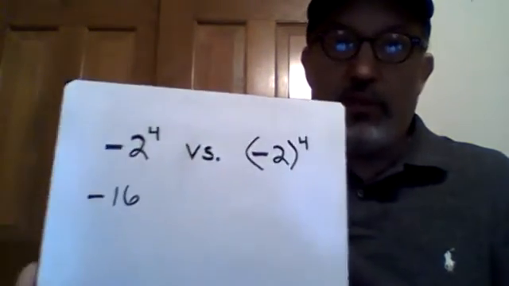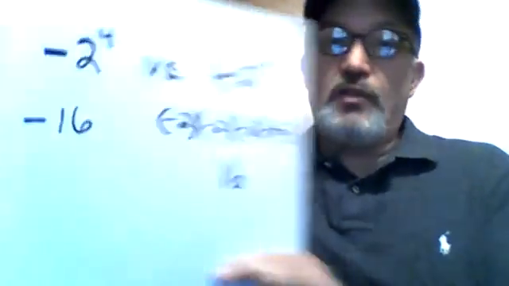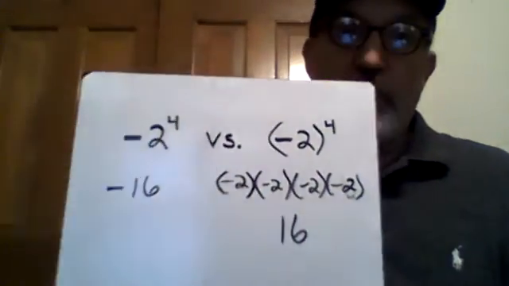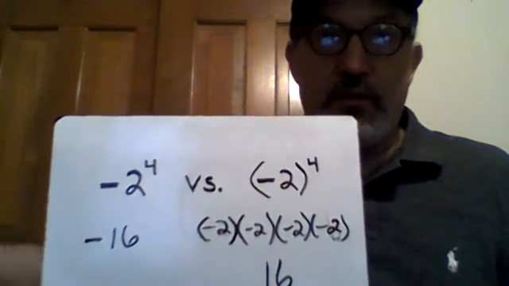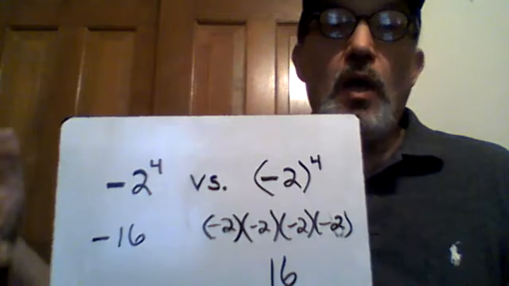That's what the parentheses do here. And of course, if you multiply 4 negative numbers together, you're going to get a positive number. So this one over here results in positive 16. The two results are different only because of the way we agree to see what's written.